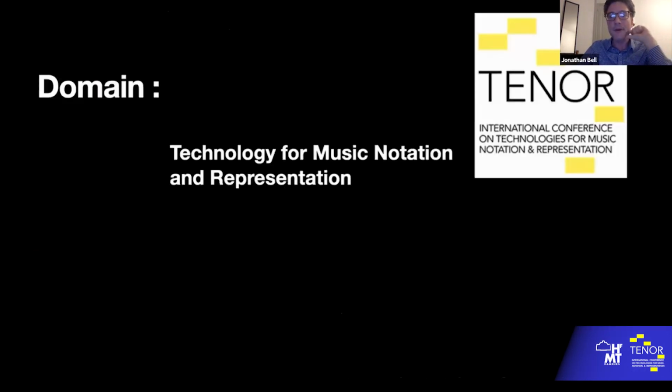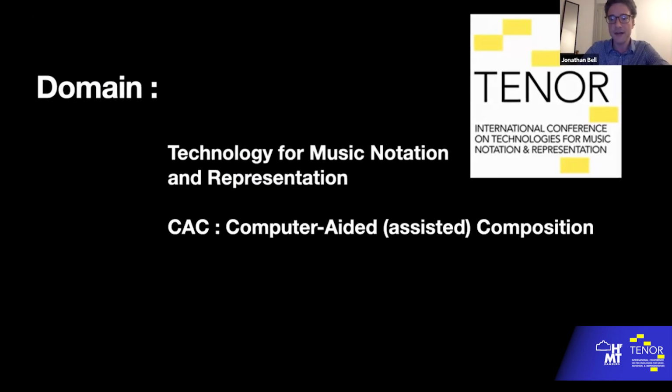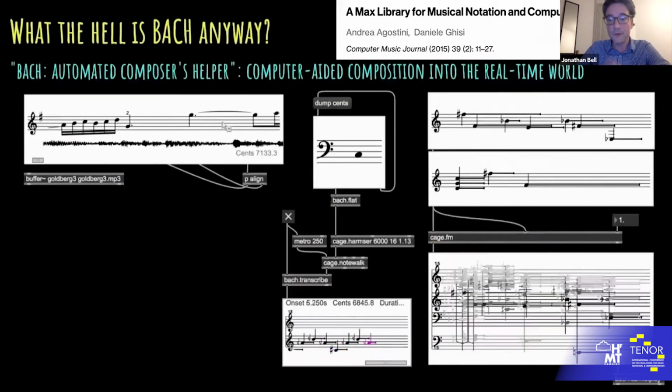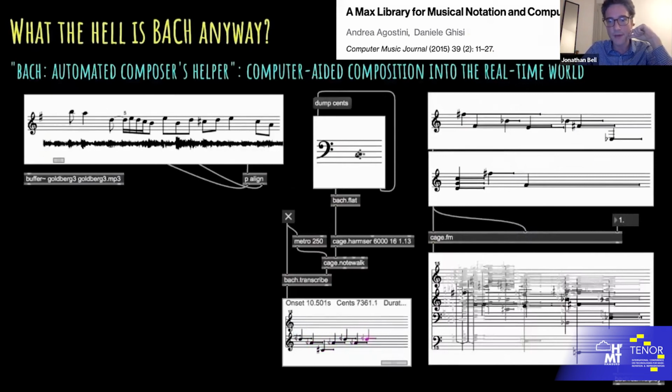Now to observe a bit of the compositional aspects, the domain here obviously is technology for notation, but perhaps for this paper only, it's really about CAC, computer-aided composition. I'll talk a bit about Bach, which situates itself within that Lisp-based programs tradition, software like Patchwork, OpenMusic, PWGL.